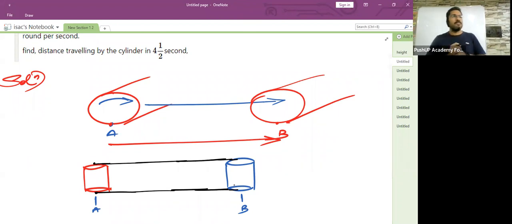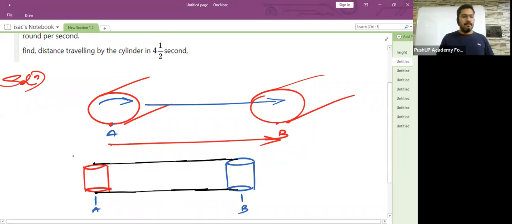Can somebody answer this question? Yep. Curve surface area? You tell me any one thing. Tell me. Circumference. From this point till this point, only circumference is enough? Jaren?